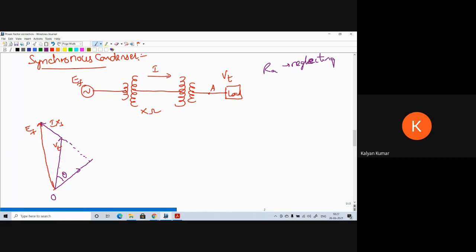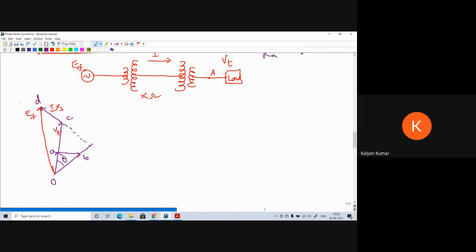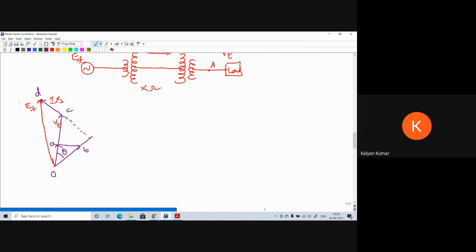This is I cos theta and this is I sin theta. Let's take this as A, this as B, this as C, and this as D. OC represents VT, CD represents the IX drop, and OD represents EF.